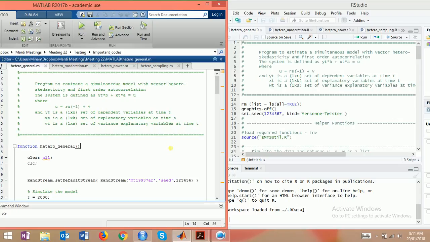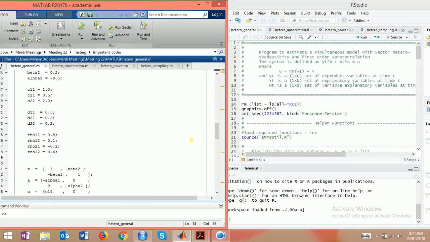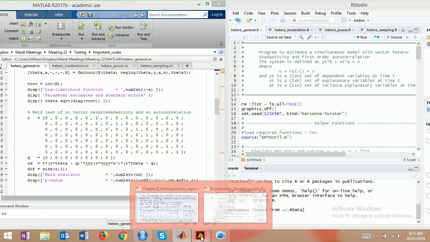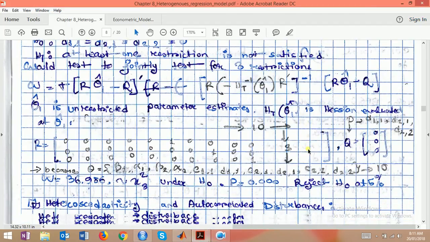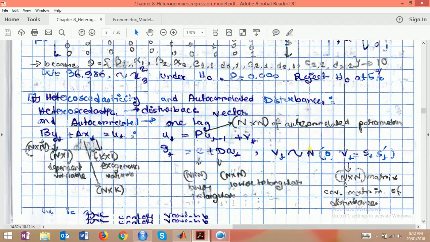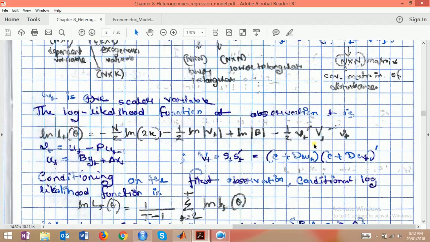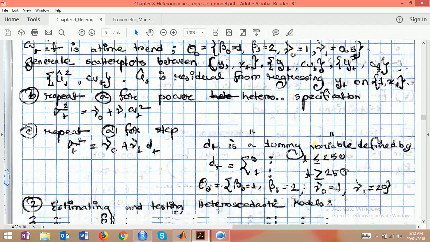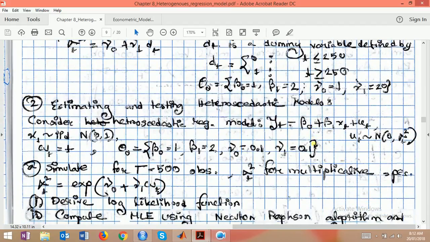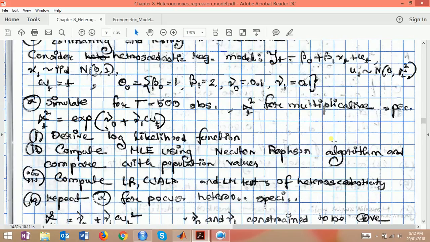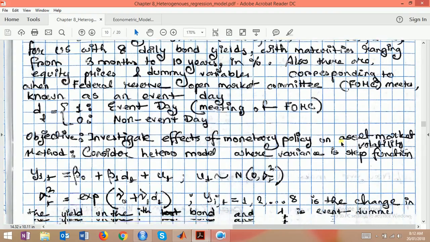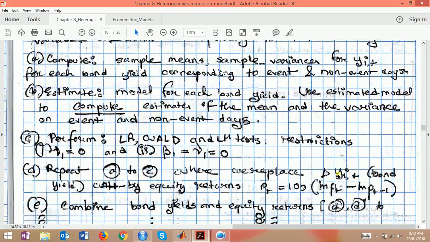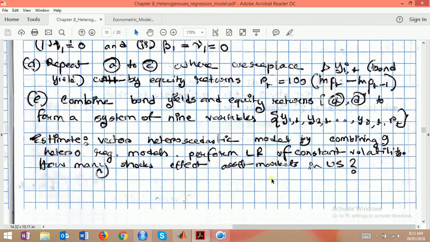So autocorrelation is included here too, which means this is the last problem we were talking about before. Let me show you. The problem we have already discussed slightly. LR, Wald and LM.